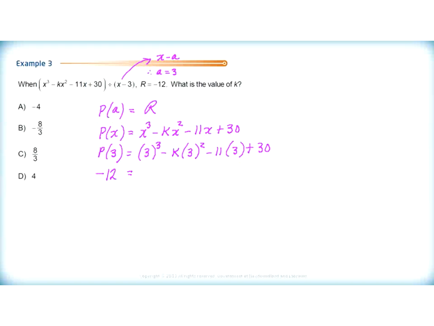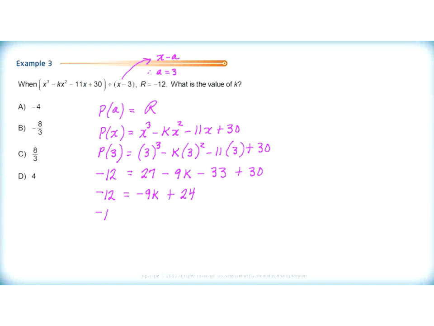3 cubed is equal to 27. 3 squared is 9, multiplied by k would be 9k, minus 33 plus 30. So then we have a negative 12 is equal to a negative 9k, and then you have 27 minus 33 is a negative 6, plus 30 is a positive 24.